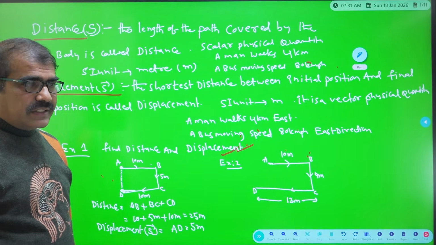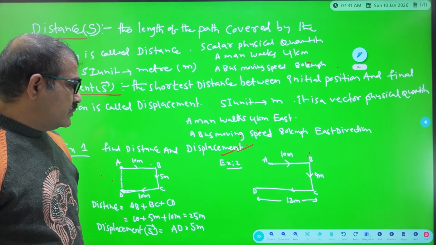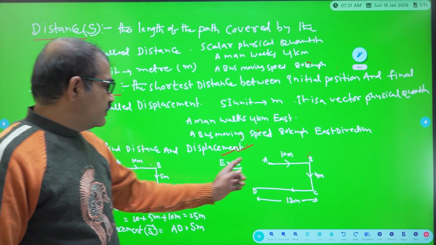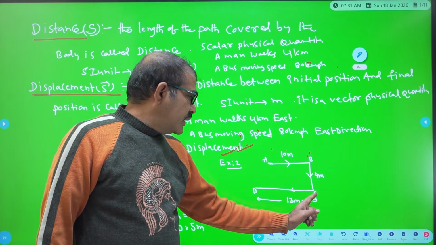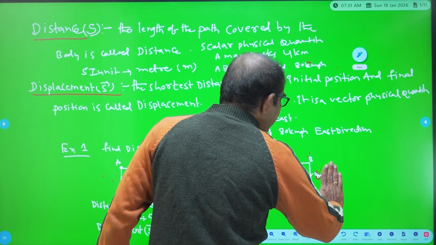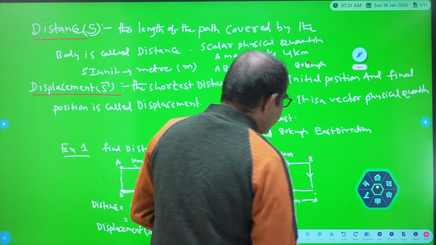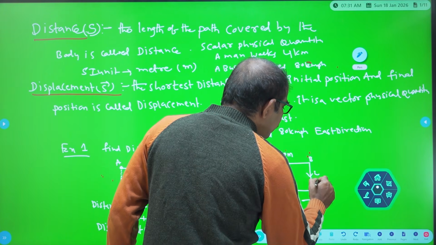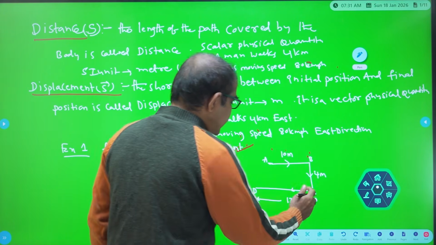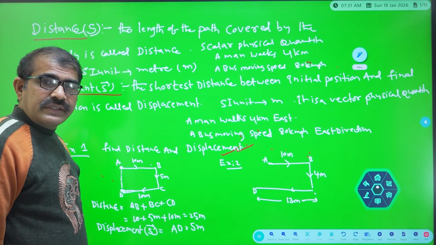So the body is moving from A to B 10, B to C 4 meter, and C to D 13 meter. Now find the distance and displacement.